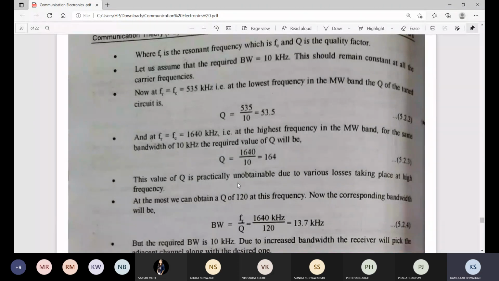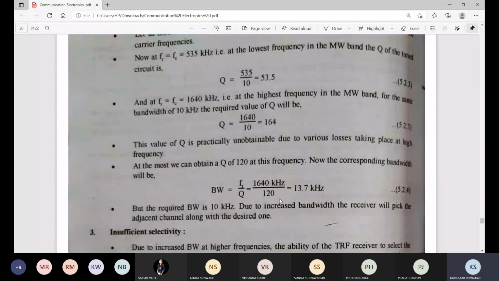This value of Q is practically unobtainable due to various losses taking place at high frequency. At the most, we can obtain Q of 120 at this frequency. Now the corresponding bandwidth will be FR upon Q, which is 1640 kilohertz upon 120, so it is 13.7 kilohertz.